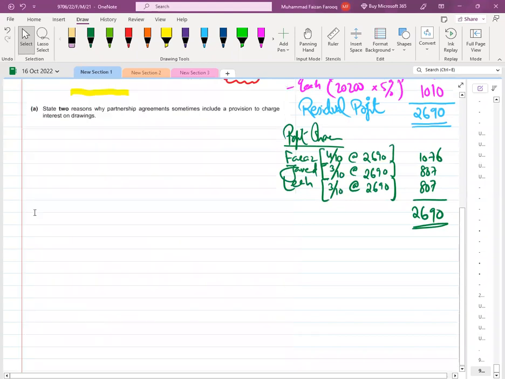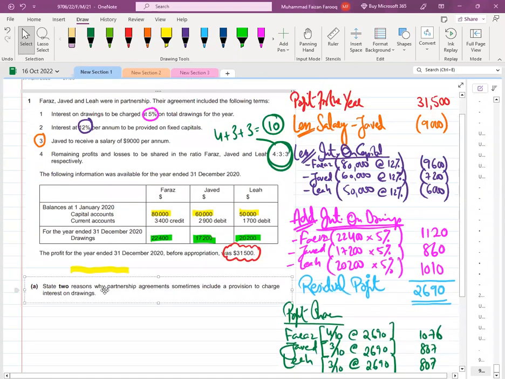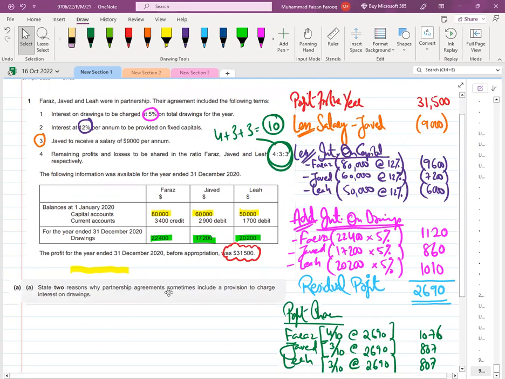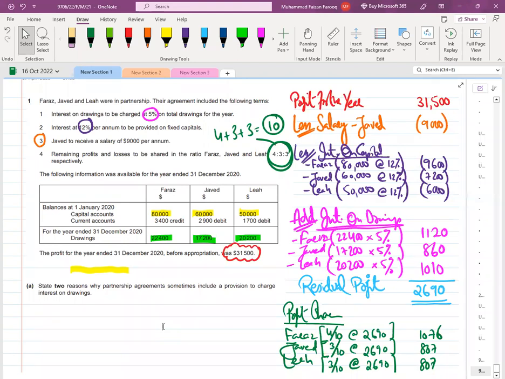This question has one more requirement, requirement B: two reasons why partnership agreements sometimes include provision to charge interest on drawing. To make it easy, why do we charge interest on drawing?